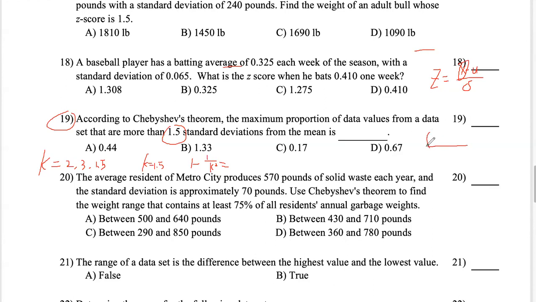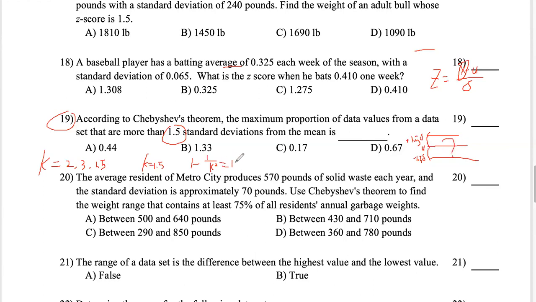Here's the average, you have 1.5 standard deviations above and 1.5 standard deviations below. So you go plus or minus 1.5 standard deviations. Chebyshev theorem tells you what the percentage in the middle should be.